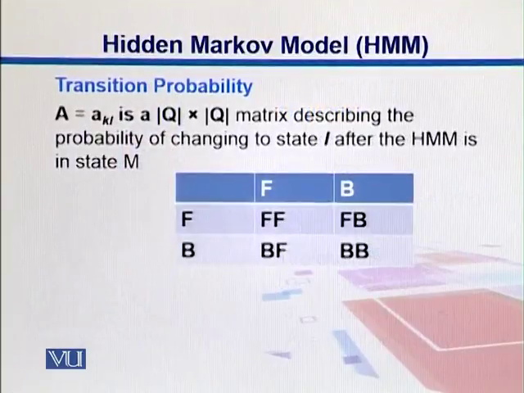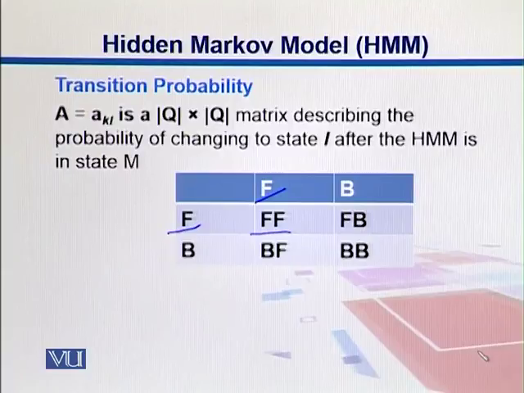The transition probabilities are given by a transition matrix. We have all those states in the rows and columns, moving from one state to another. For example, if the system is in the fair state, it can stay fair, which is staying in the same state, or fair to fair. This is the probability of moving from fair to a biased state. Same way we have biased to fair and staying biased.